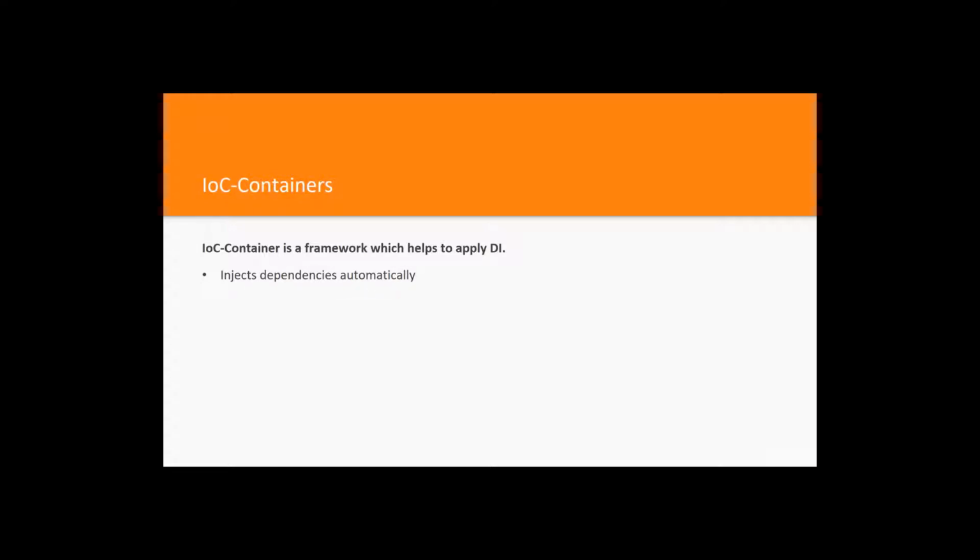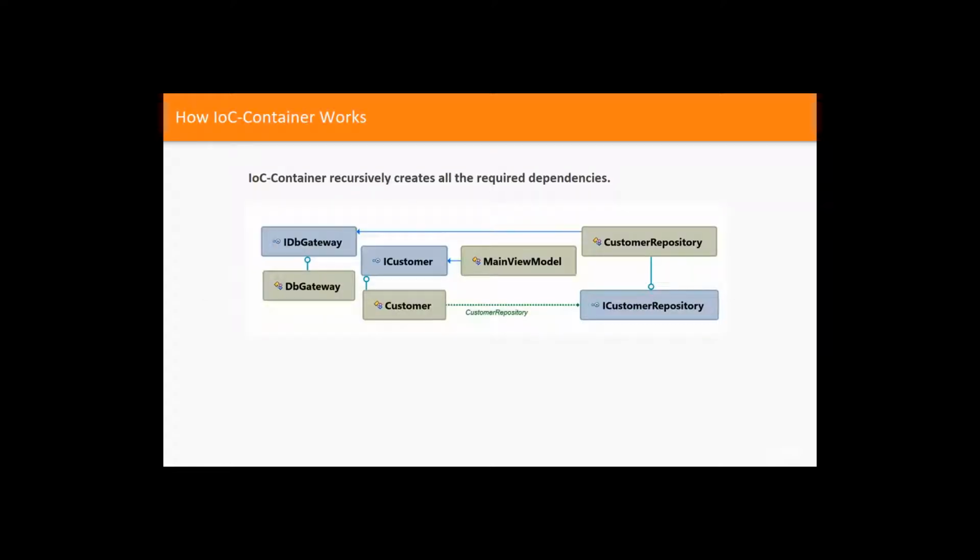Of course, containers provide the ability to set them up by configuring those dependencies. So, when the client's code asks a container to resolve a particular dependency, a container knows how to create that dependency, and it knows how to create the dependencies of that dependency, so it recursively creates all the necessary dependencies until it creates the requested one.